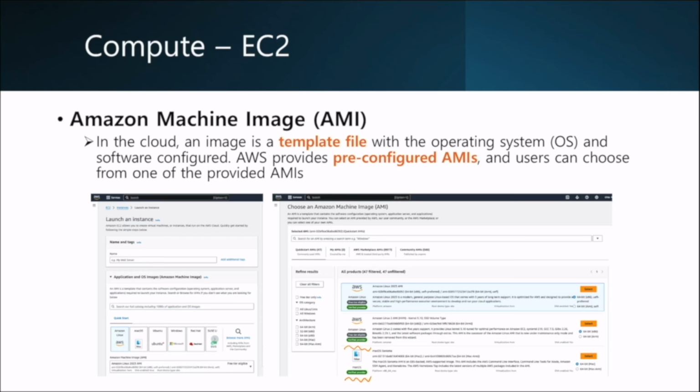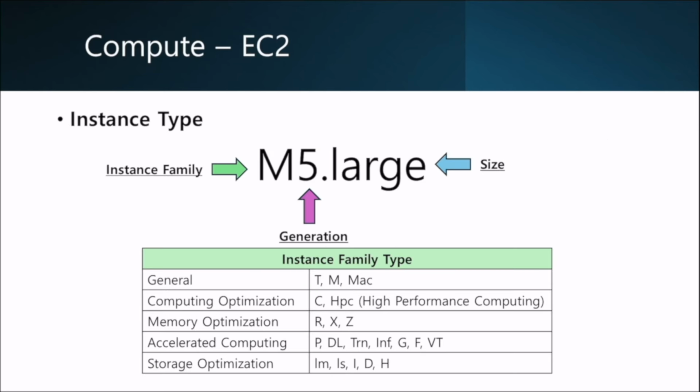I told you about the instance type earlier, and the instance type is a type for EC2 computing. Each string that appears in the type has a meaning. The English letters in front mean the instance family. There are also different types of instance families. Mostly we use T, M, and MAC for general purposes.